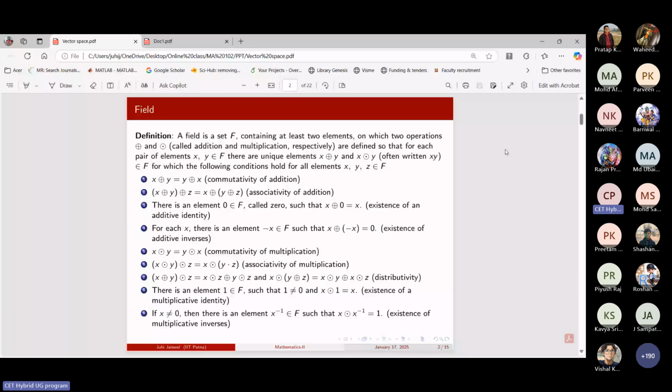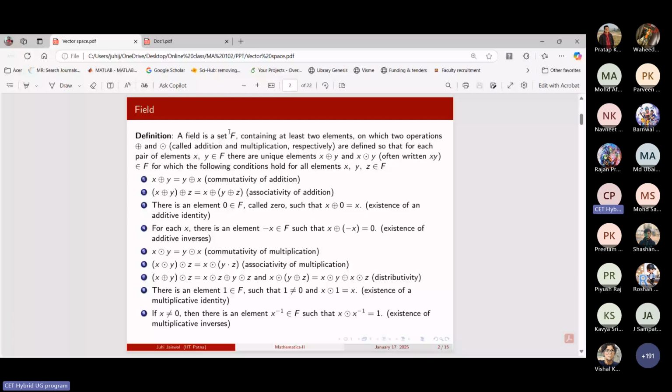Basically, a field is a set F containing at least two elements on which two operations, ⊕ and ⊙, known as addition and multiplication, are defined so that for each pair of elements x, y in F, there exists a unique element which relates x ⊕ y and x ⊙ y, and again these resultants will go to this F only.